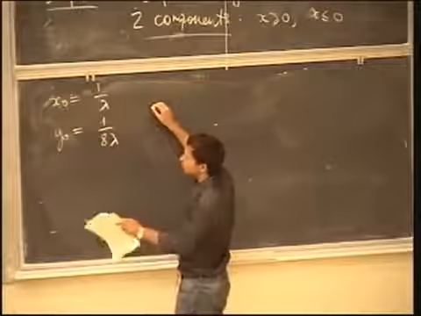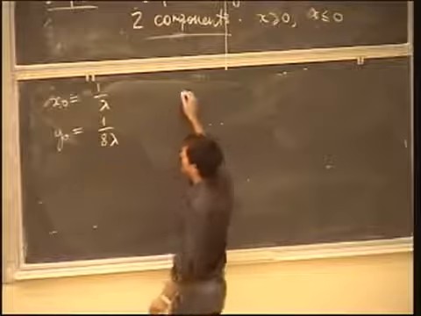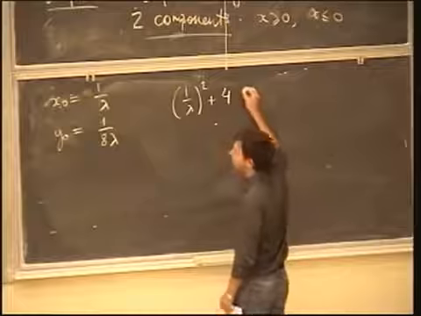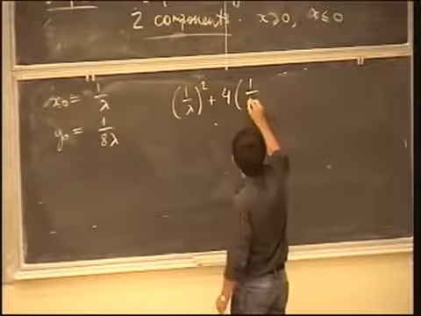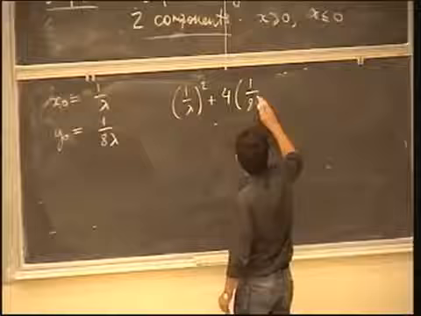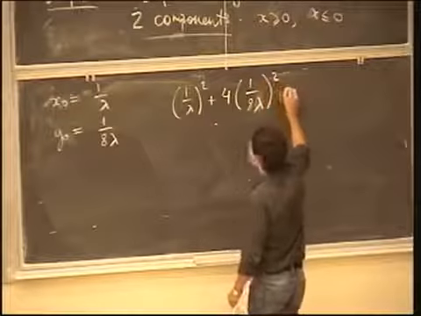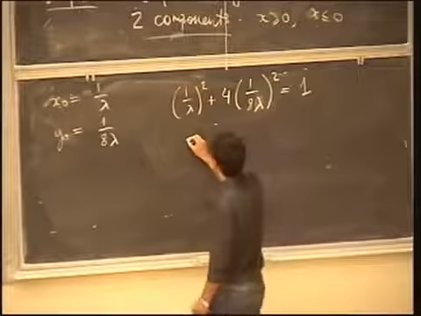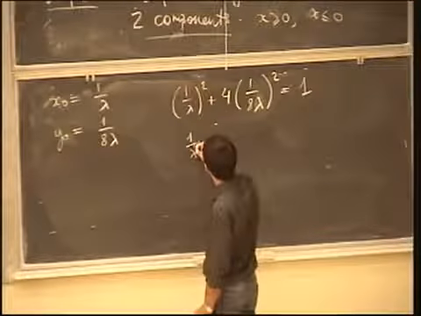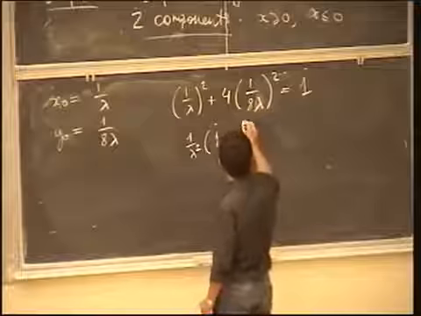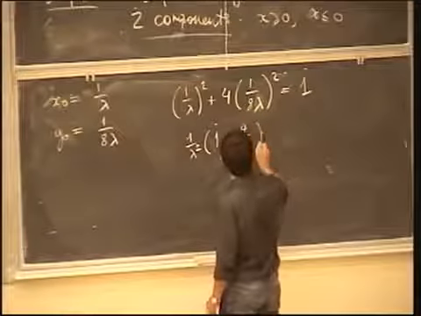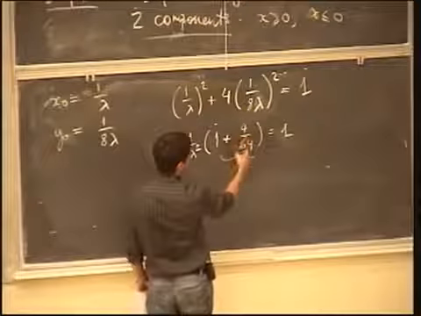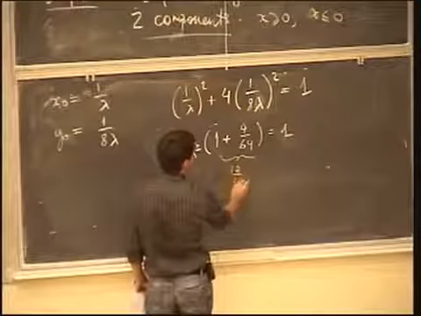And now we put them into the third equation, and we get 1 over lambda squared plus 4 times (1 over 8 lambda) squared equals 1. Okay, so that means 1 over lambda squared times (1 plus 4 divided by 64) equals 1. And that's going to be what? So this is 1 over 16, so that's 17 over 16.